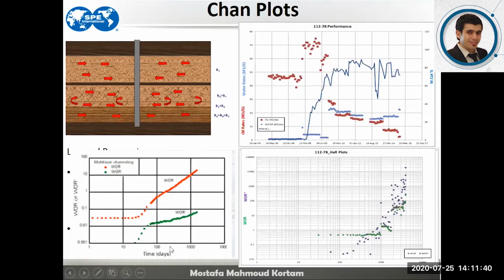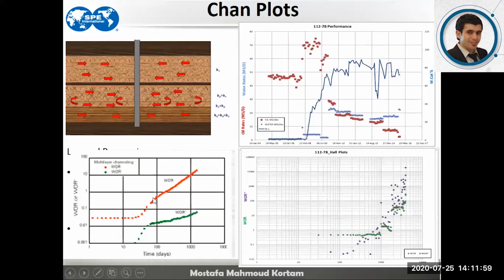Giving an insight into the Chan plots chart, the normal water oil ratio is plotted in log scale, and the derivative of the water oil ratio is also plotted in the same chart.